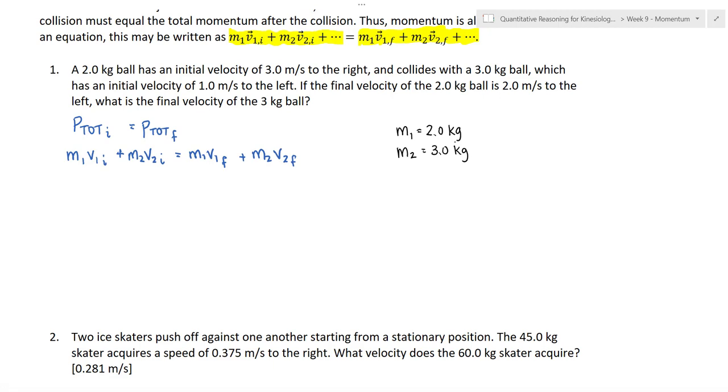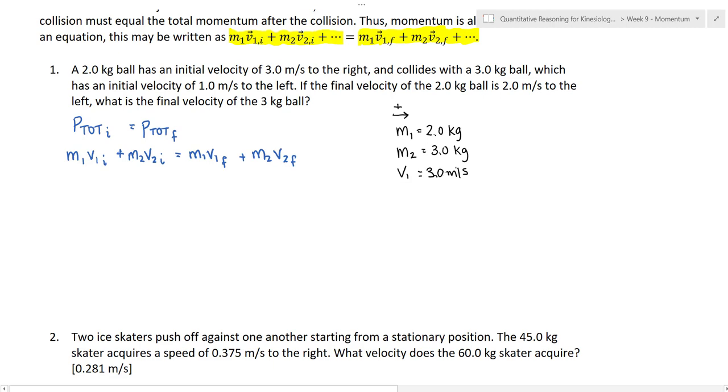So we know the initial velocity of mass 1 or ball 1 is 3 meters per second to the right. So we need to decide which way is going to be the positive direction. Let's say positive is to the right, then that would mean V1, the velocity of object 1, ball 1, the 2 kilogram ball, is 3 meters per second.